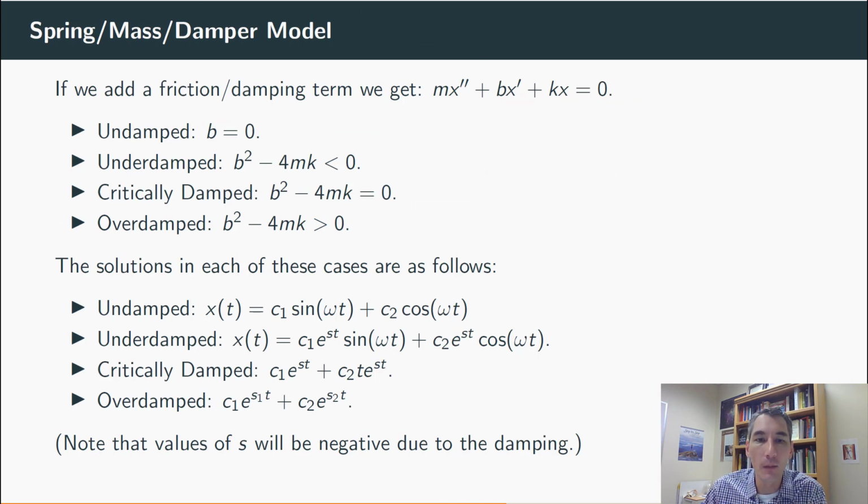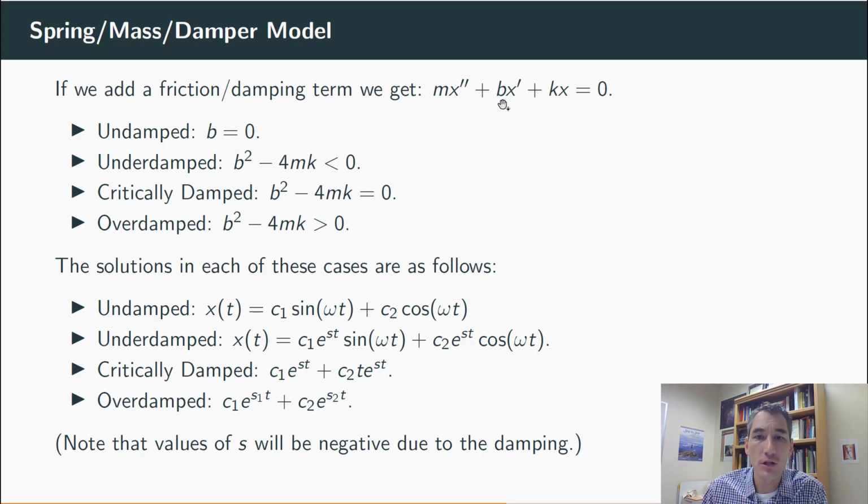This is a summary of what you should know coming into this section about how to solve a second order constant coefficient homogeneous differential equation. This is that friction term corresponding to the damper. If b is equal to 0, then there's no friction. We call that an undamped model.